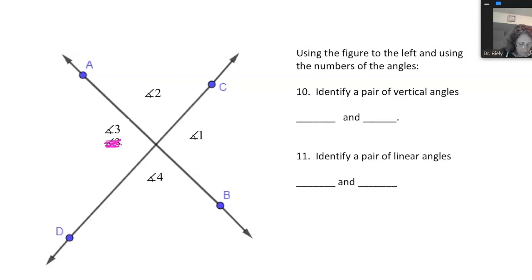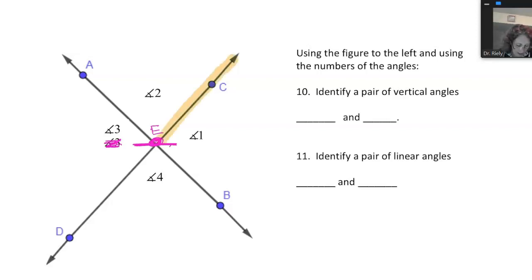Okay, so I had you name these angles by the numbers. Remember, you can also name them by 3 letters, with the vertex, this pink dot, being the one that is in the middle there. And I don't have a letter there, A, B, C, D, so I would make that E if I wanted to use that. Okay, identify a pair of vertical angles. Vertical angles are right across from each other, and they are made up of opposite rays.